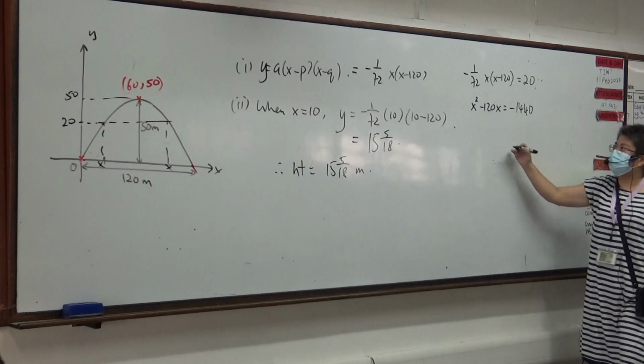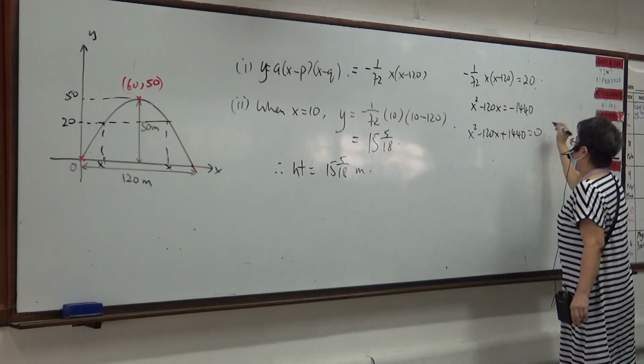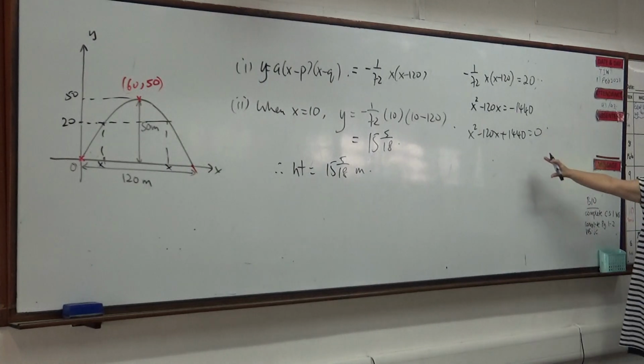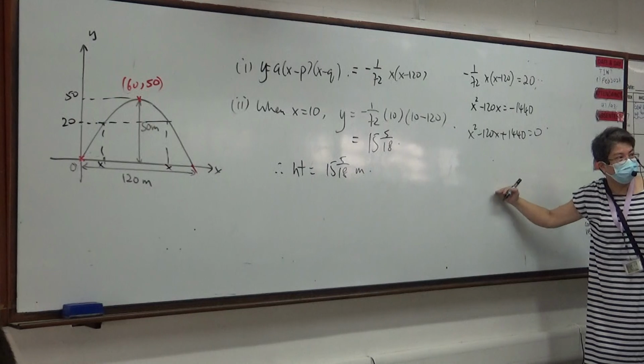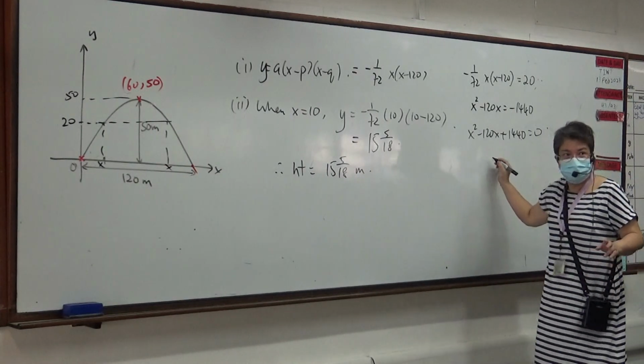So this is x squared minus 120x plus 1440 equals 0, right? Okay, I'm not going to go through this. This one I can solve by what? Formula. Understand?